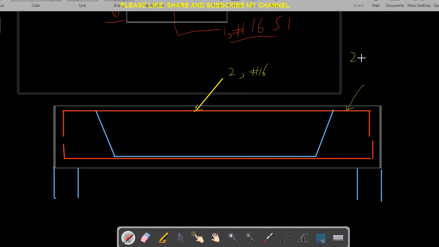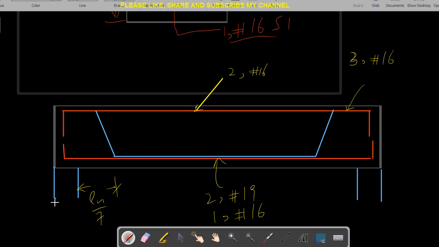Here I have 3 number 16, right? And here I have the section at the mid. Here I have 2 number 19 and 1 number 16, and this bar is bent up at a distance of ln by 7, right? ln by 7.